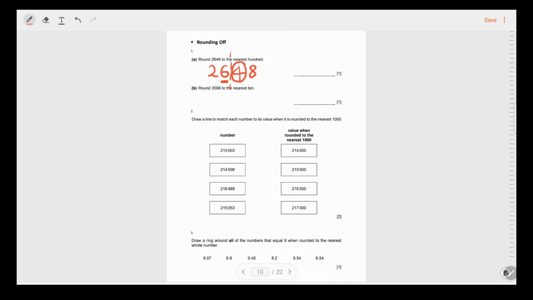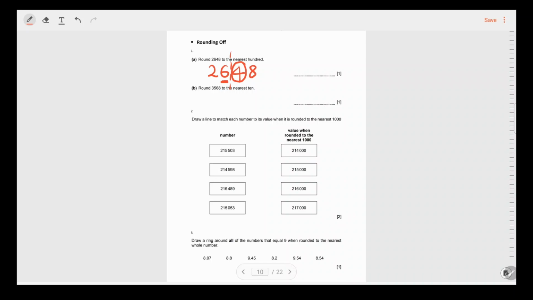So we check if 4 is less than 5 or greater than 5. And greater than 5 includes the number 5. So here 4 is less than 5, which means that we are not going to add 1 to 6. We just keep it as it is.